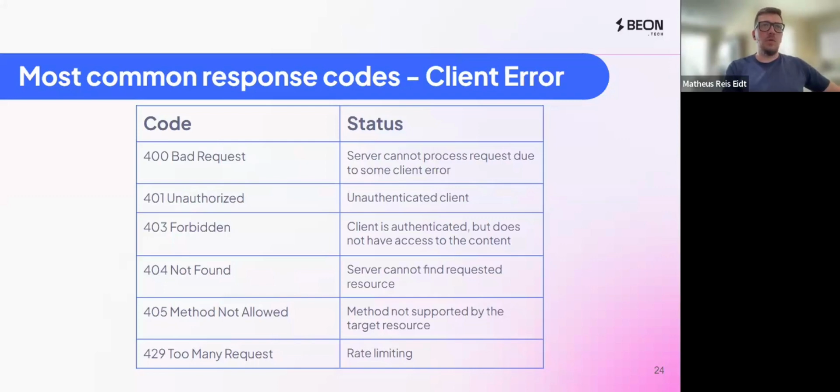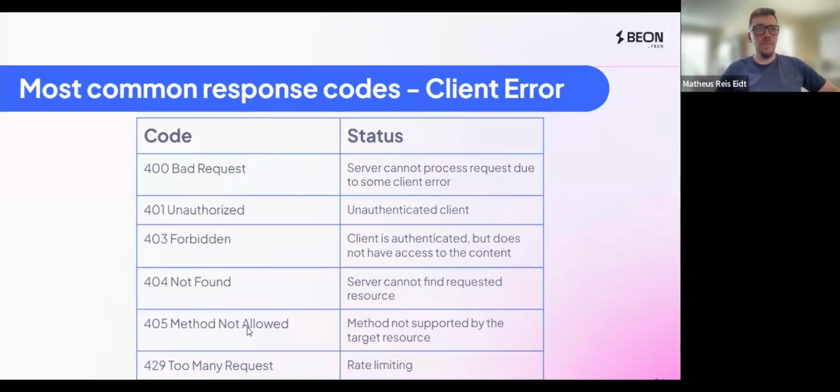We also have the 401 Unauthorized. This will be returned when the client is not authenticated. The 403 Forbidden is used when the client is authenticated, but doesn't have access to this content. For example, if we have a management endpoint that is only accessible to admin users, and a regular user tries to access it, we can return a 403.